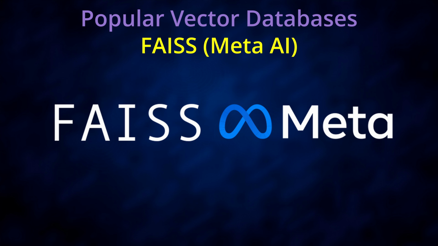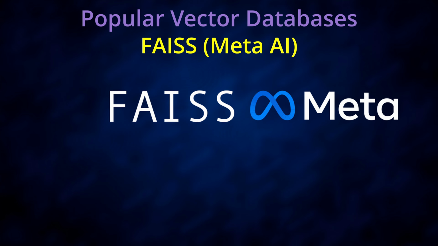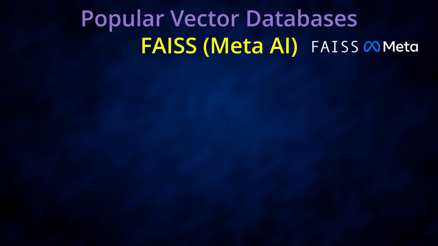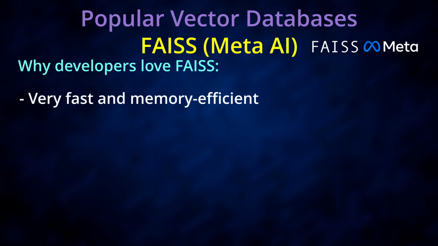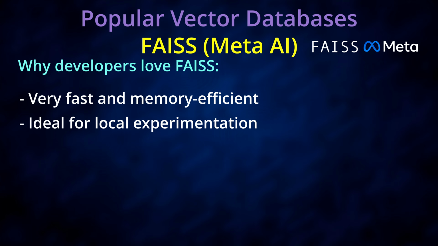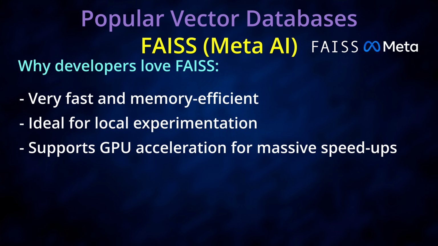FAISS, Meta AI. Not a full database, it's a library, but it's extremely widely used, especially by developers and researchers. Very fast and memory efficient, ideal for local experimentation. Supports GPU acceleration for massive speedups.